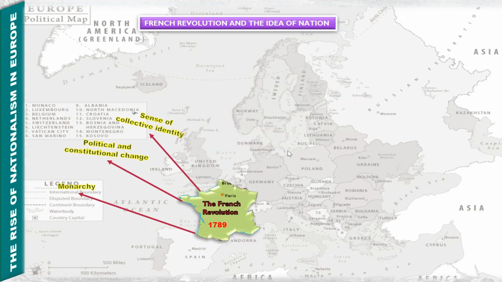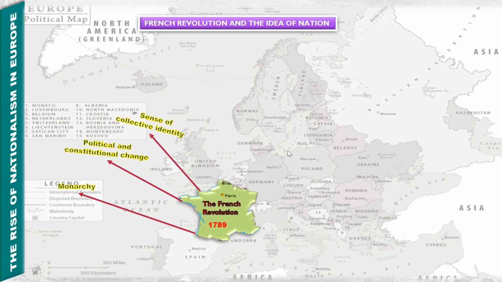When the news of the events in France reached the different parts of Europe, students and other members of the educated middle classes began setting up Jacobin clubs. Their activities and campaigns prepared the way for the French armies which moved into Holland, Belgium, Switzerland, and much of Italy in the 1790s.